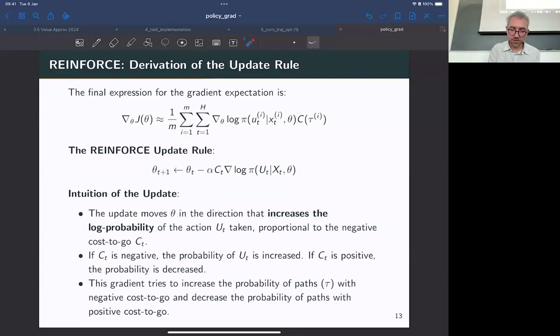Okay, you can imagine you have your Gaussian PDF, and so this is the space of U, and you have chosen some value here, ut, and you try to decrease this probability.